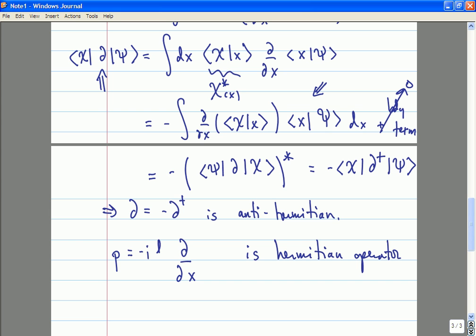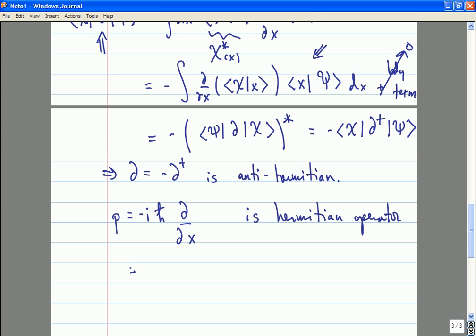I'll call that constant minus h bar. And this then is a Hermitian operator, which is a good candidate for the momentum operator. And indeed, as expected, x and p will obey the standard Dirac canonical commutation relation.